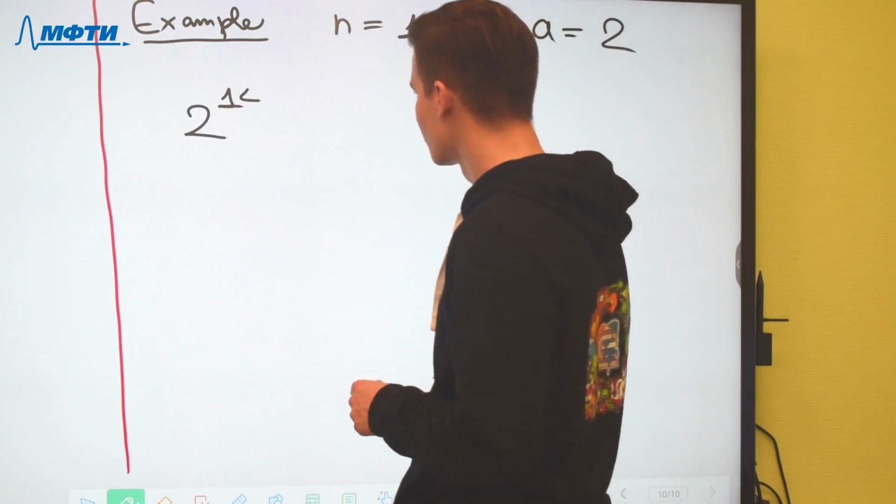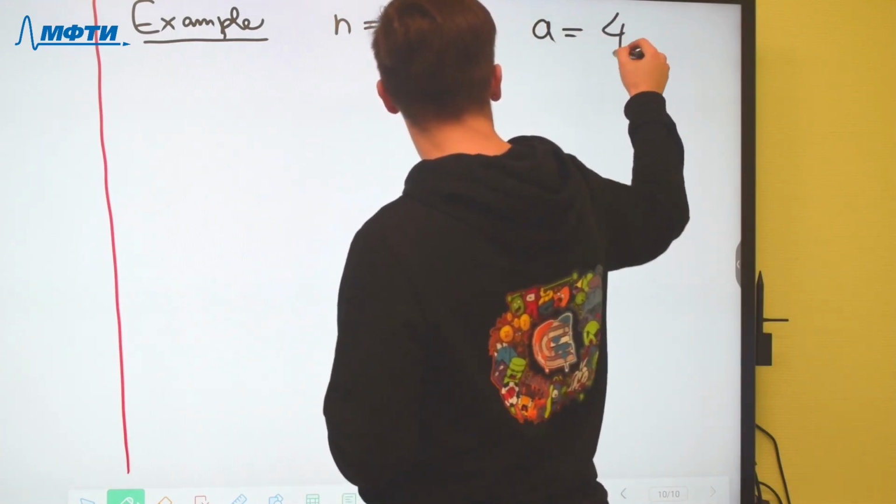Okay, I found the example. a is equal to 4.